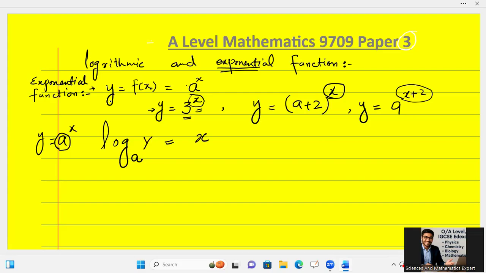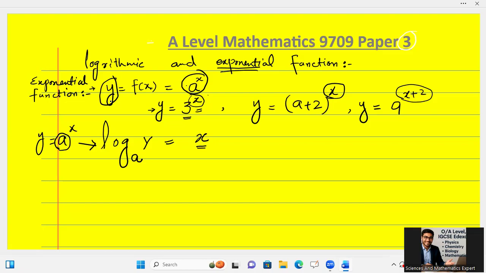So I have converted my exponential function y equal to a power x into logarithmic form: y goes inside the log, the base is taken from the base of the power, and the power is equated to the whole expression.